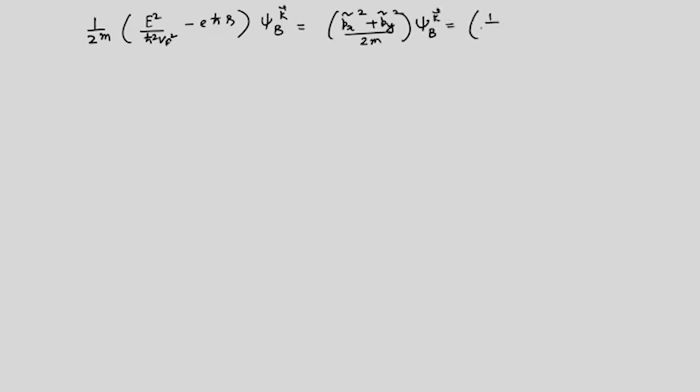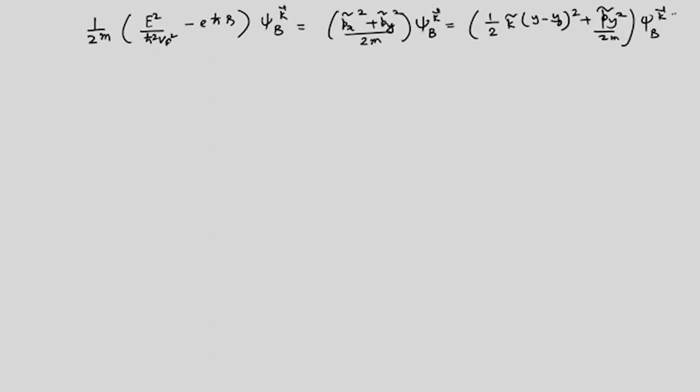So, it is e square by H cross square v_F square minus E H cross B psi_Bk equal to (p_x square plus p_y square) by 2m psi_Bk, equal to half, let us call it k tilde (y minus y_0) square plus p_y square by 2m psi_Bk and so on.